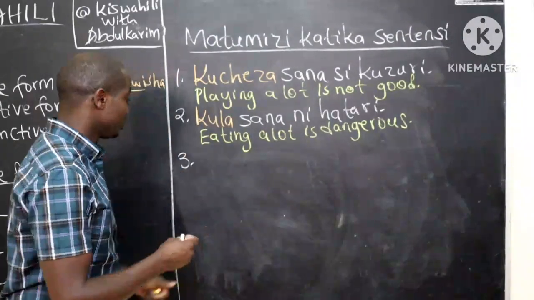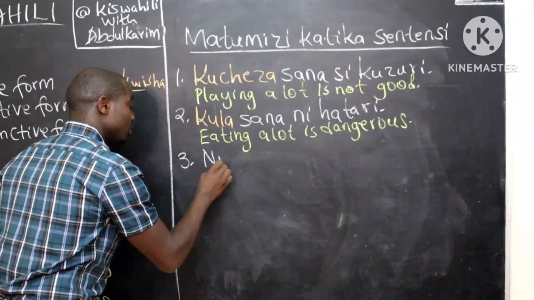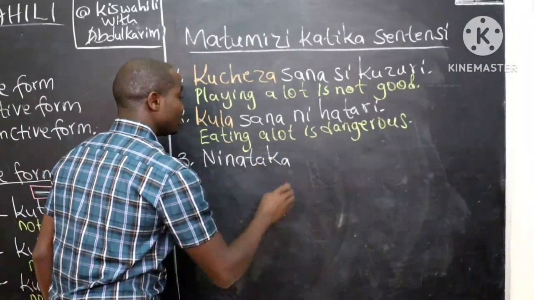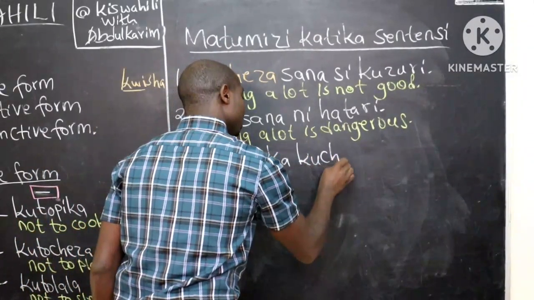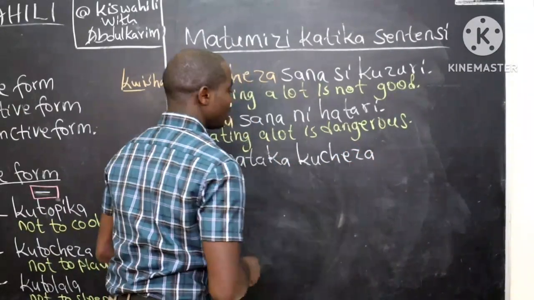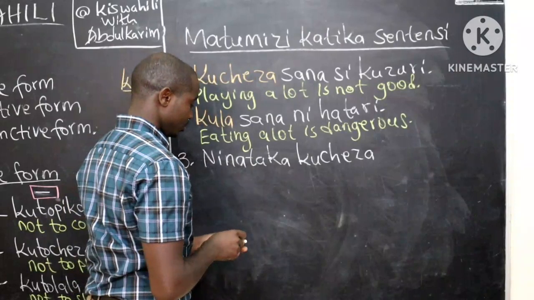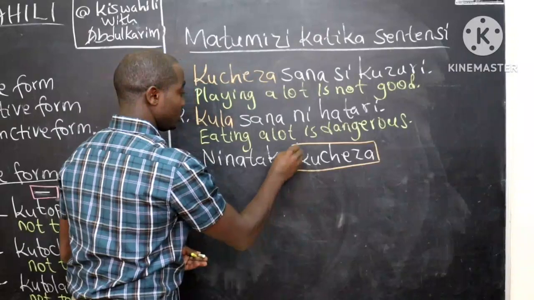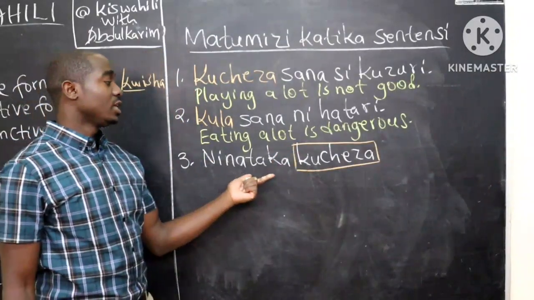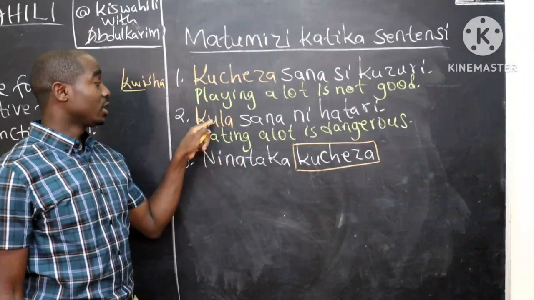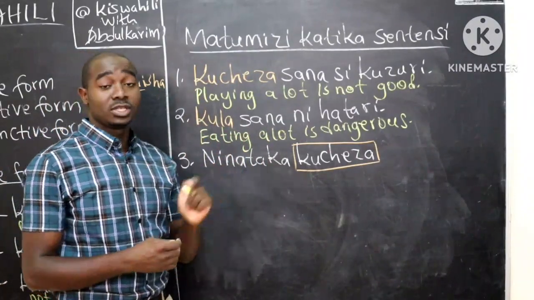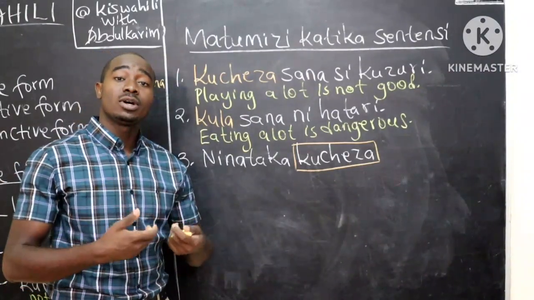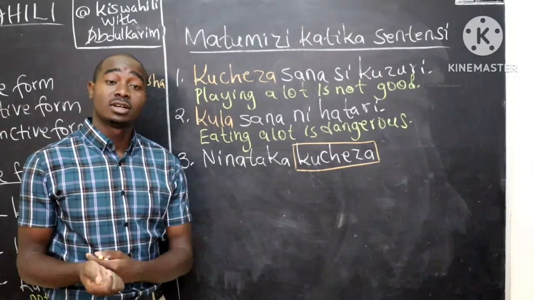Sawa? So this is not like this. Ninataka kucheza. Kucheza is to play. So ninataka kucheza, I want to play. Ninataka kucheza.